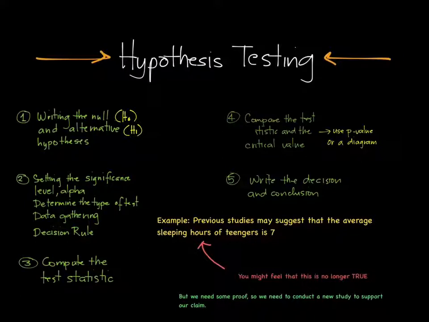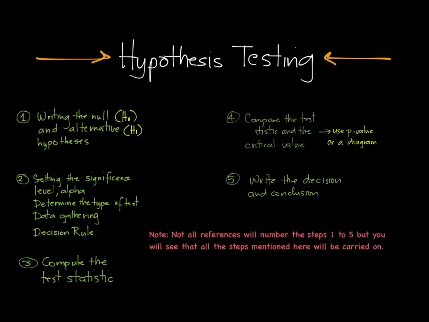Now, if you refer to different textbooks or resources, printed or online, they will discuss hypothesis testing through a series of steps. In the testing procedure that I will be showing you in this video, we will number them step number 1 up to 5. Not all textbooks will number them as 1 to 5.